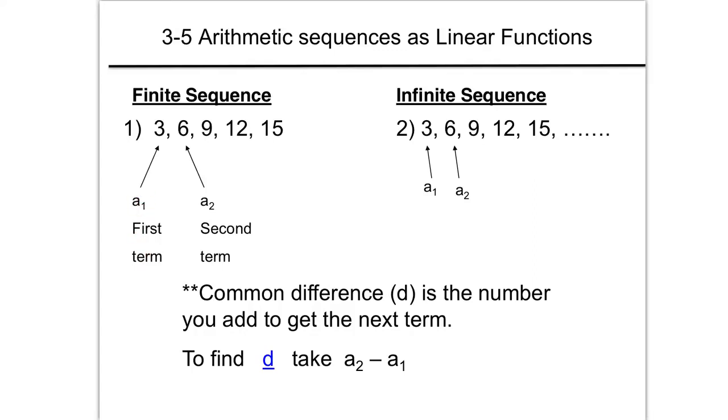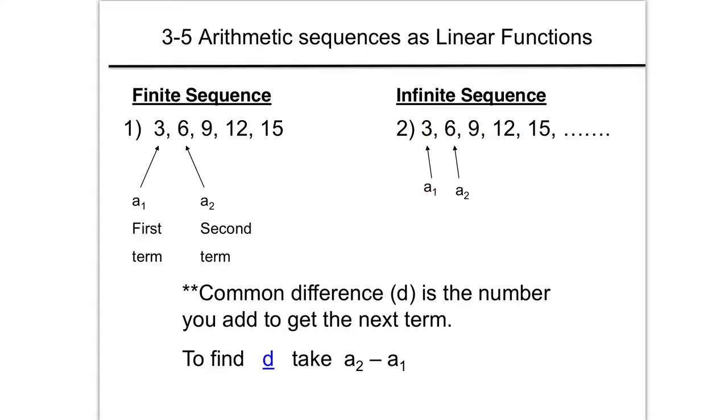That's a notation for the first number in the list. We say term instead of the first number. A sub 2 means the second term. A sub 3 means the third term. A sub 4 means the fourth term, and a sub 5 means the fifth term. If you have more terms, a sub 6 is the sixth term, and so on. Here we have the same thing in an infinite sequence.